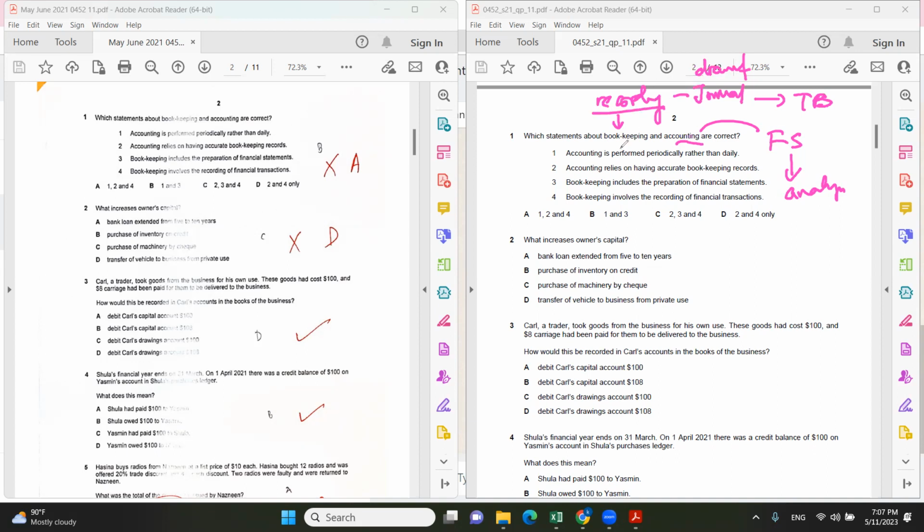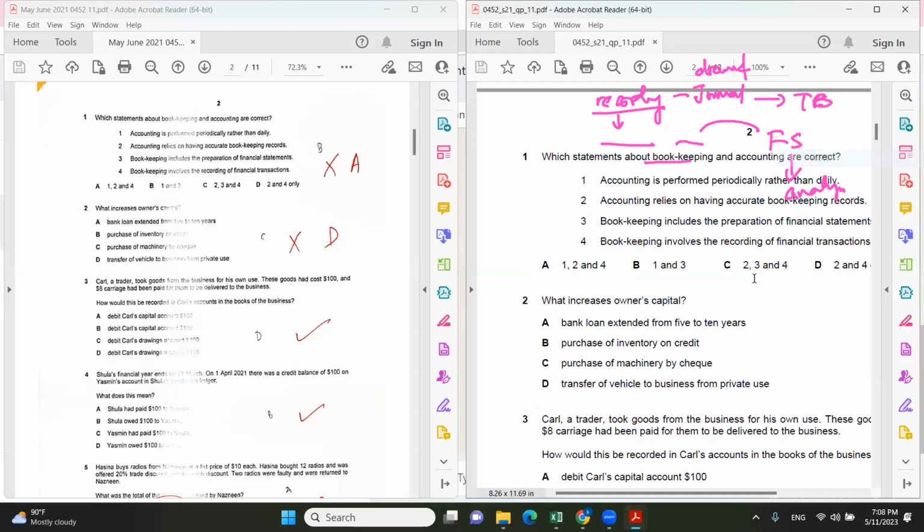So keyword bookkeeping: recording. Accounting is performed periodically rather than daily. What do you mean by periodical? For example, the accounts department normally does the accounts by month only. Every month end, they will start to prepare the accounts, not every day.